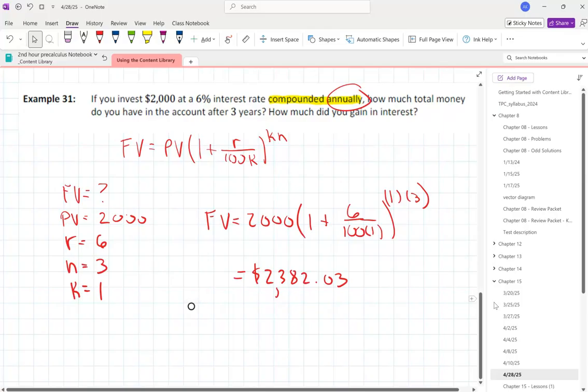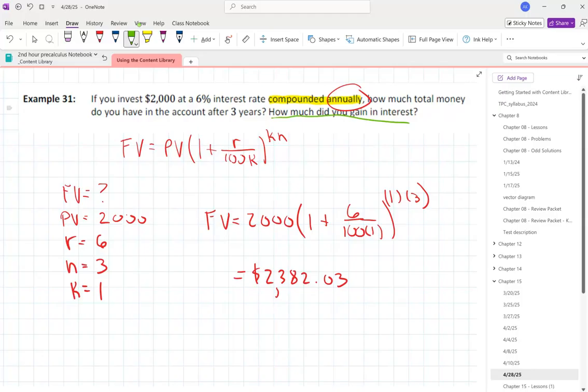There's a second part to this question asking how much did I gain in interest? Well, how much did we start with? $2,000. So if I take off that initial investment, this extra money must be my interest, right?